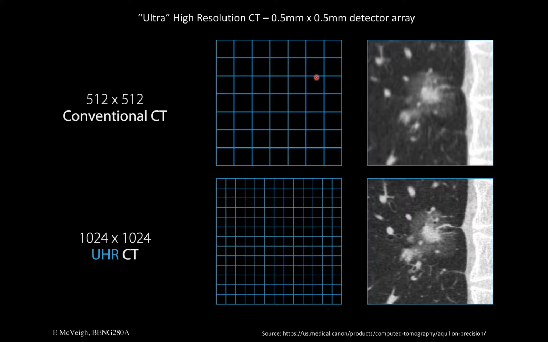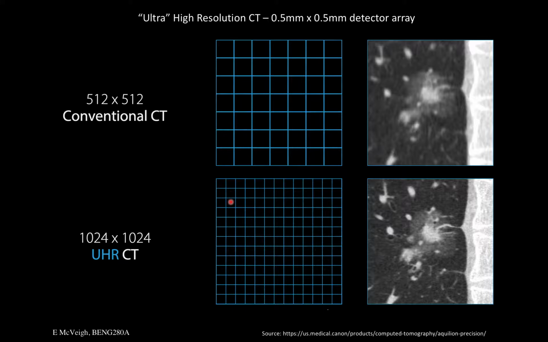Actually, what they did was they cut the thing down. They essentially doubled the resolution in two directions, in the z direction and in the theta direction, or along L. So they've got 4 times as many pixels. They got a lot more data to process.